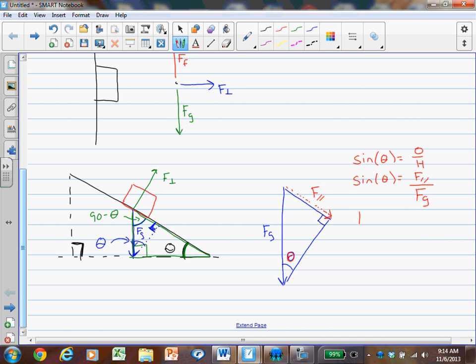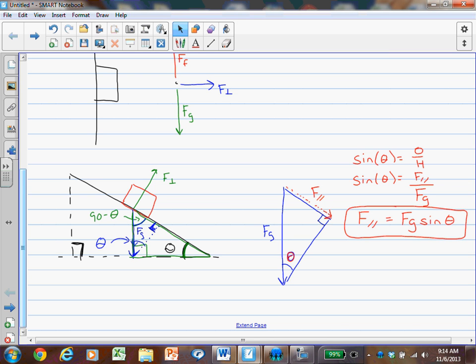So F parallel is simply Fg sine theta, which makes sense. It's the same way we go about getting g sine theta. Now this force right here, in a similar method, would be Fg cos theta.